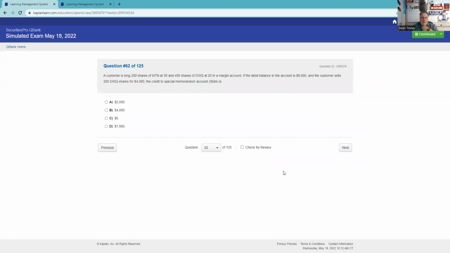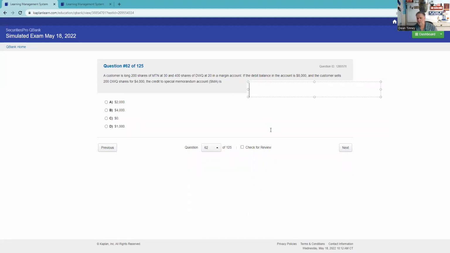A customer is long 200 shares of MTN at 30 and 400 shares of DWQ at 20 in a margin account. The debit balance is $8,000 and the customer sells 200 shares of DWQ for $4,000. The credit of the special memorandum of the account. Don't overdose on margin. On margin, there's only 3 or 4 margin questions, and all the test prep providers go way, way overboard. So let's see.